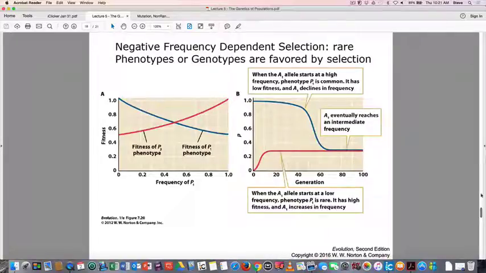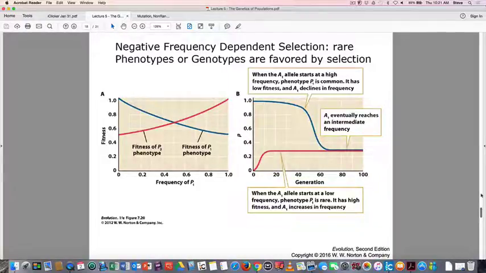Negative frequency-dependent selection means that those genotypes or phenotypes that are rarer or less common are favored by selection. That is, they have a higher relative fitness. And then that switches as they become common. It goes back the other way, okay?